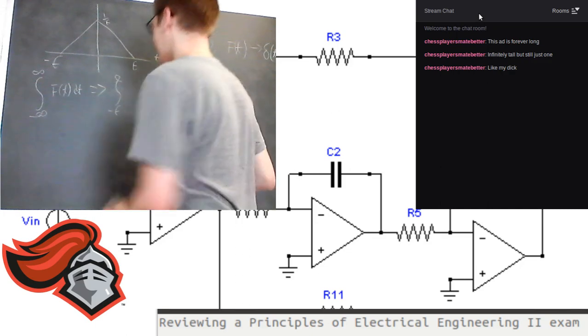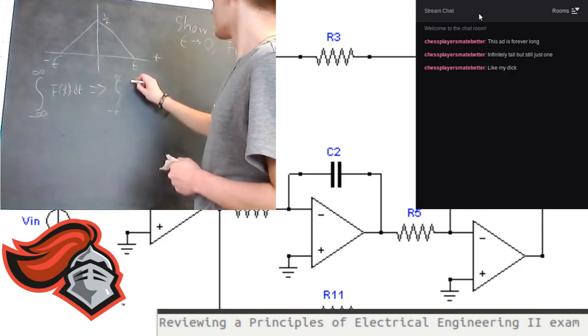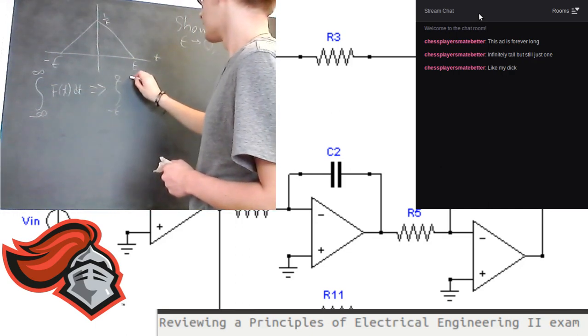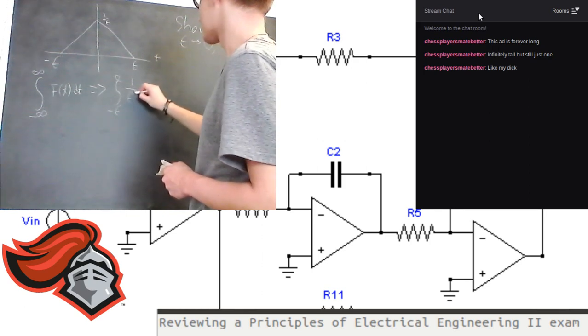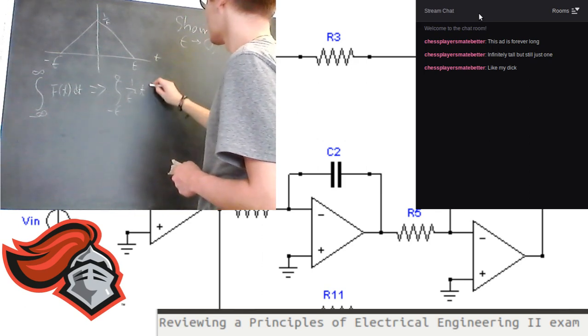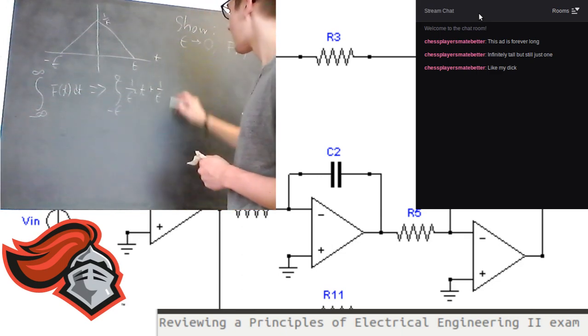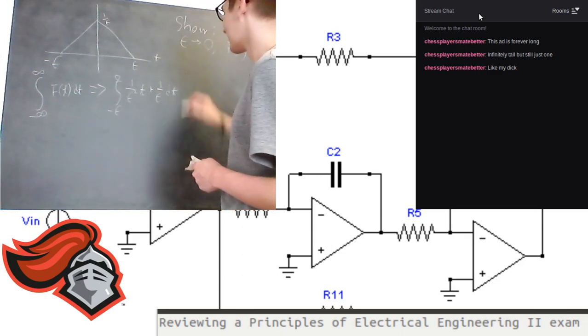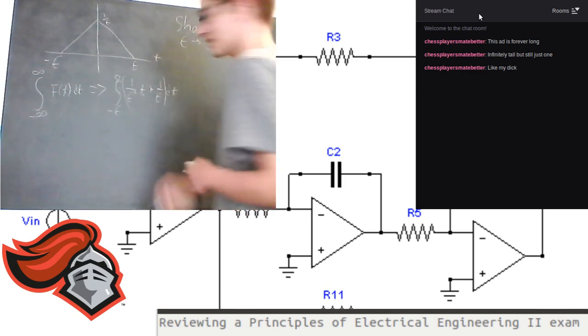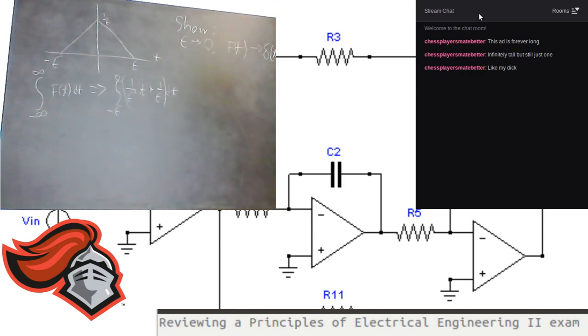So with that out of the way, we got the integral of 1 over epsilon squared t plus 1 over epsilon dt. Integrate this whole thing with respect to t. Infinitely tall, but still just 1.